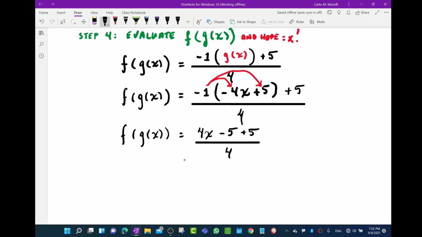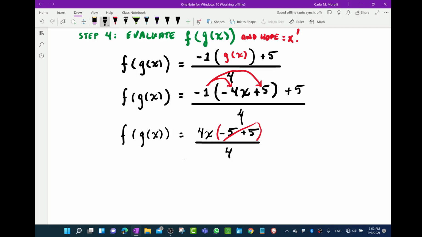Okay. Now, it's tempting to just do a whole bunch of stuff in this one step, and I don't want you to do that. I want you to do one step at a time, so one step per line. The step I'd like to do here is just notice that negative 5 plus 5 is 0.